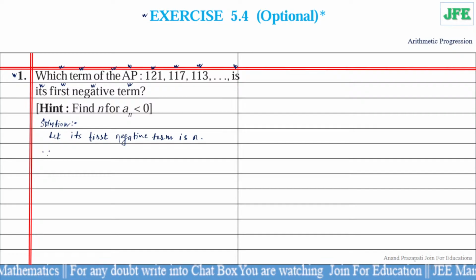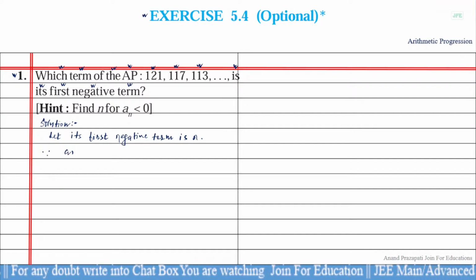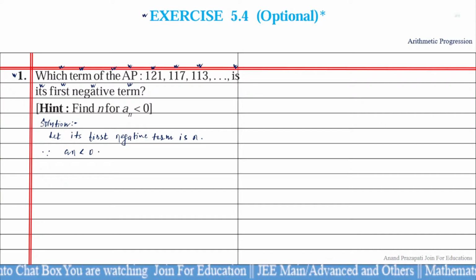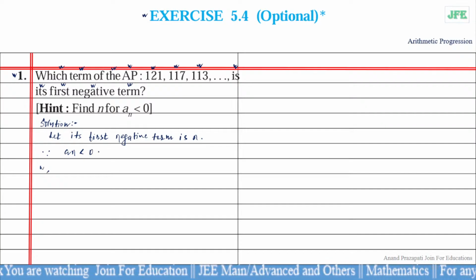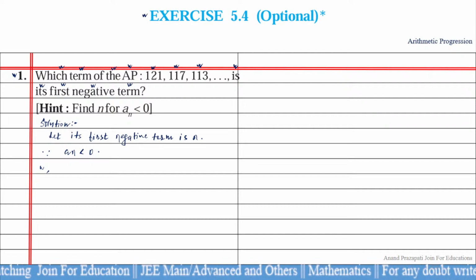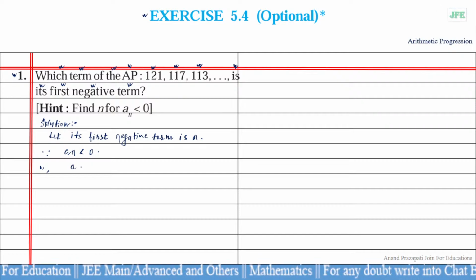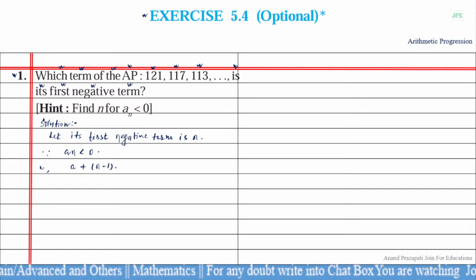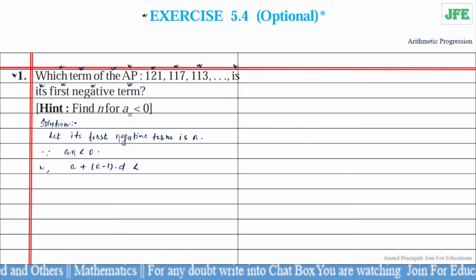Therefore, an will be less than 0, or we write down an equal to a plus (n minus 1) into d less than 0.